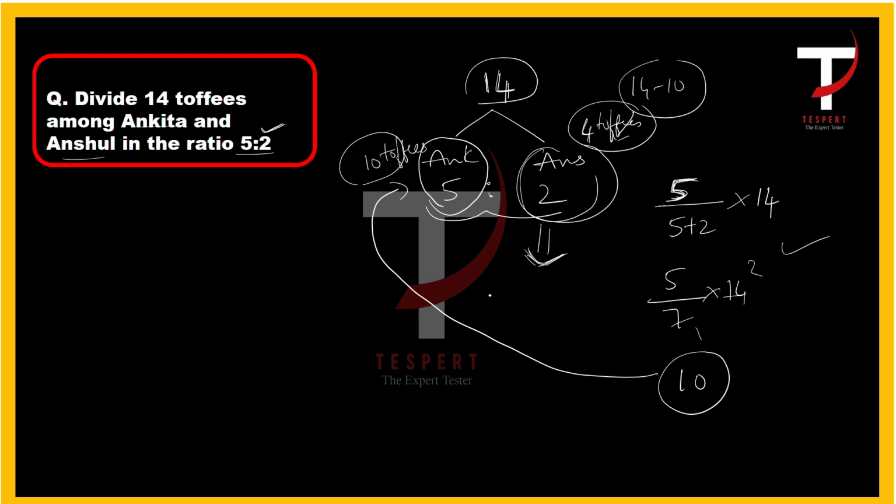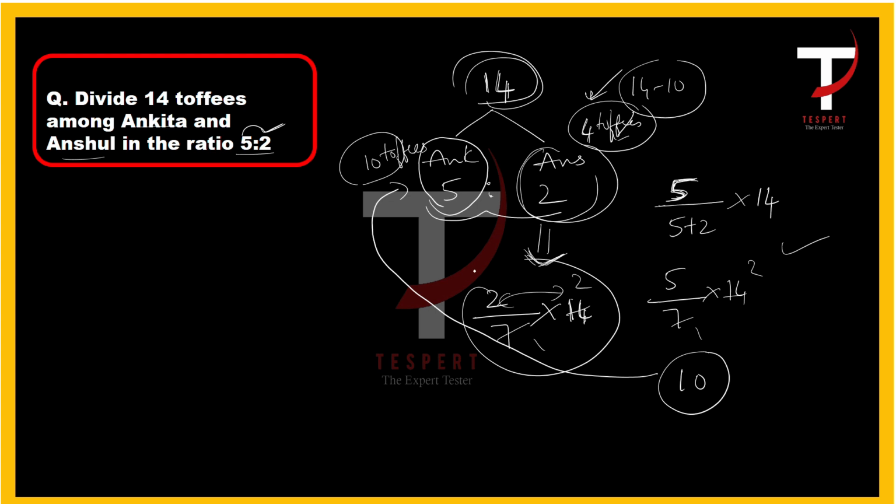So 2 by the total parts, 5 plus 2, 7, into the total quantity here, which is 14. So 2 into 2 is 4, right? So we got 4. Instead of doing this, we already calculated Ankita's part, so we directly subtracted it from the total toffees, right?